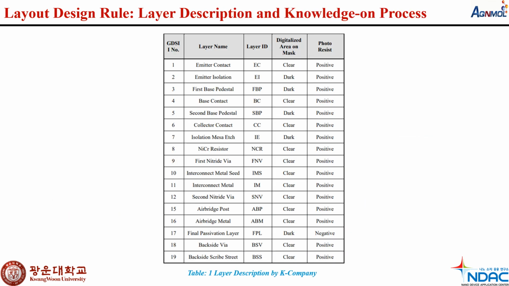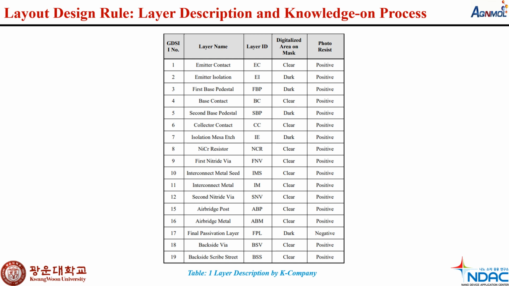Here we will focus on the layer description and the knowledge of the process. In the layer description part, we can see there are 19 layers used in the fabrication process of the Kako company. The full names of these layer IDs are shown in the table below, and each layer is described below.